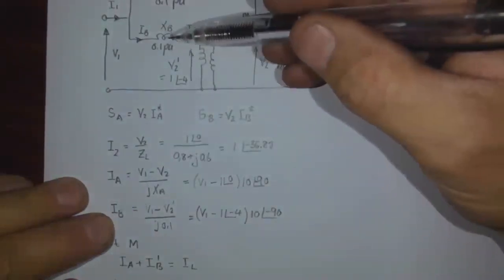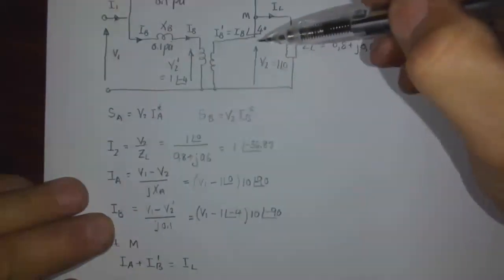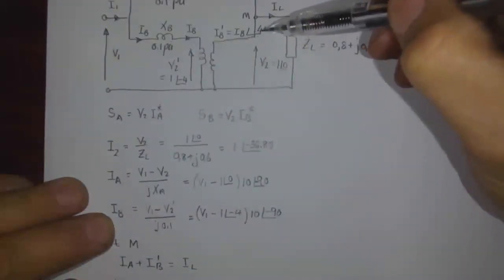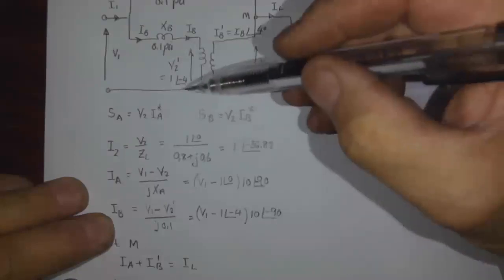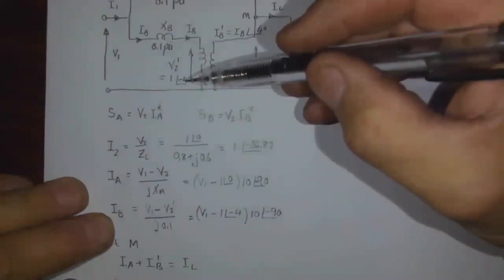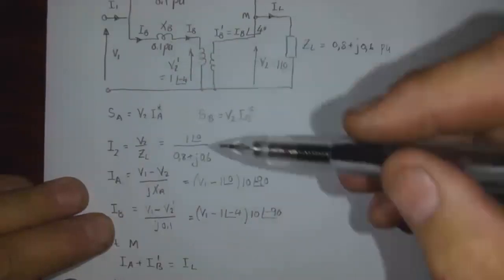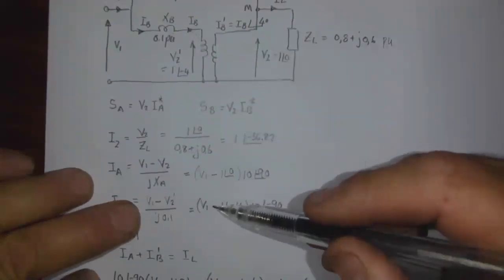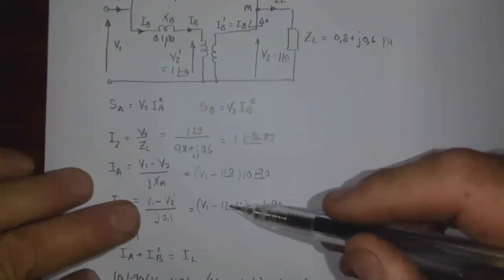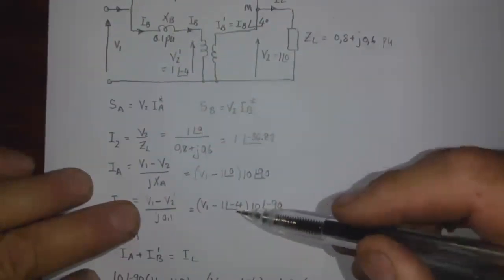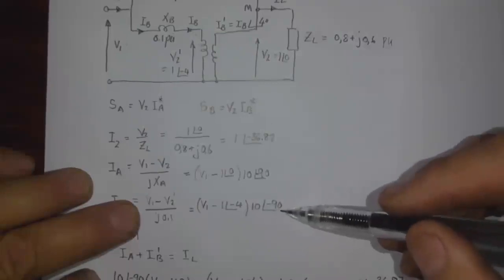Now remember, there's a phase shift across the transformer. It was 4 degrees on that side, and it becomes minus 4 degrees on that side, because we've got a 180-degree phase shift. So therefore, it will be V1 minus 1 angle minus 4 times 10 angle minus 90.